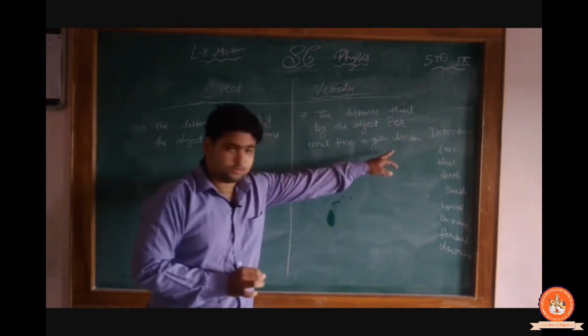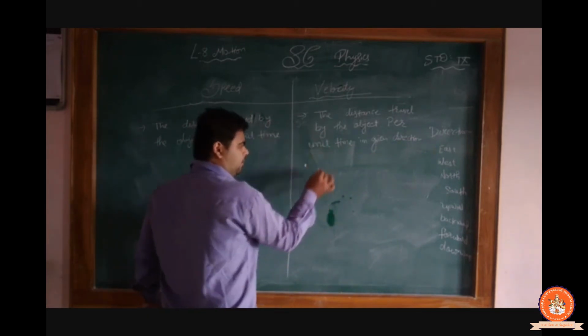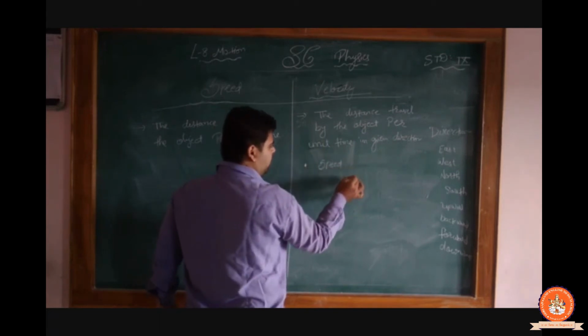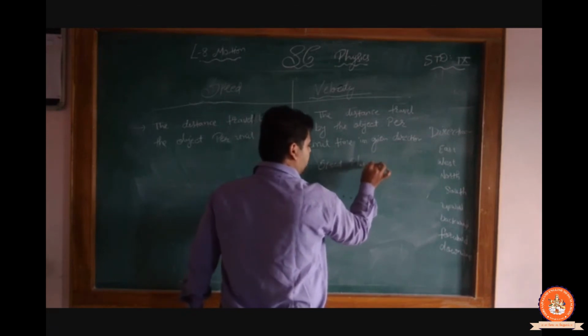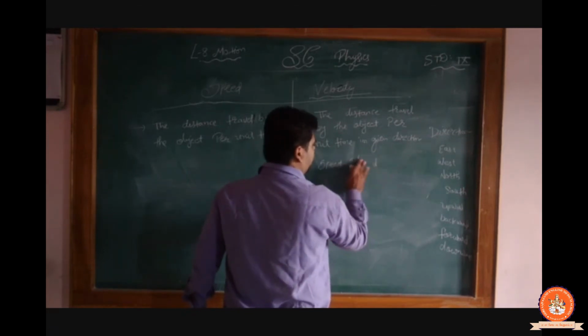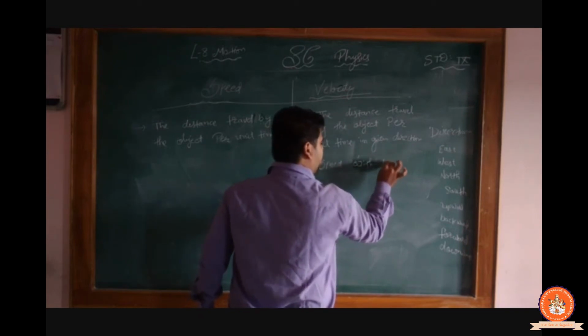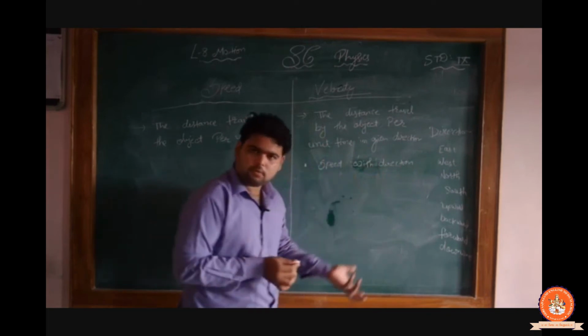So you can also write it that both points are the same. Speed plus direction, or you can say speed with direction, is known as velocity.